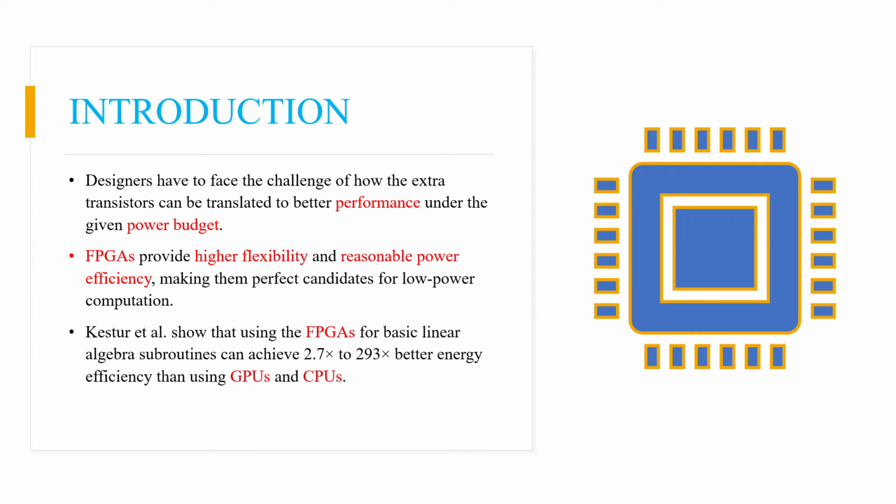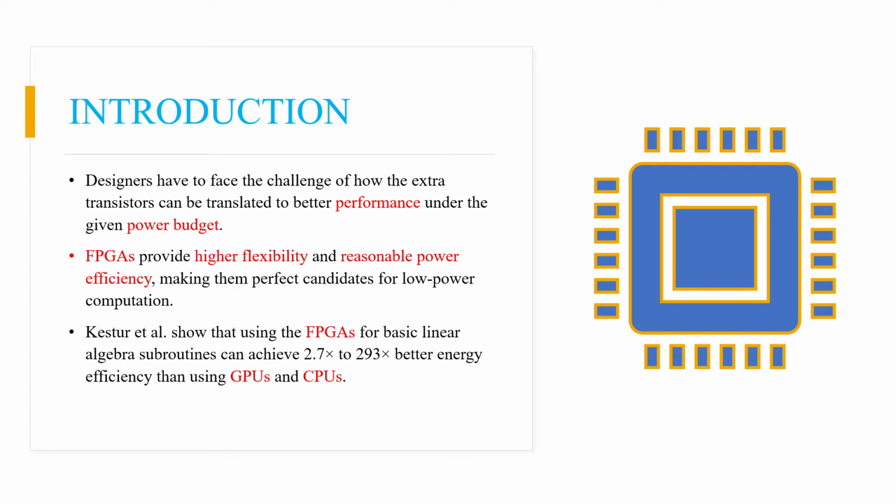Adding specialized accelerators to general-purpose CPUs has been proven to be an effective method for reducing power in computation. These accelerators include coprocessors with special instructions, general-purpose graphics processing units (GPUs), field programmable gate arrays (FPGAs), and application-specific ICs (ASICs).